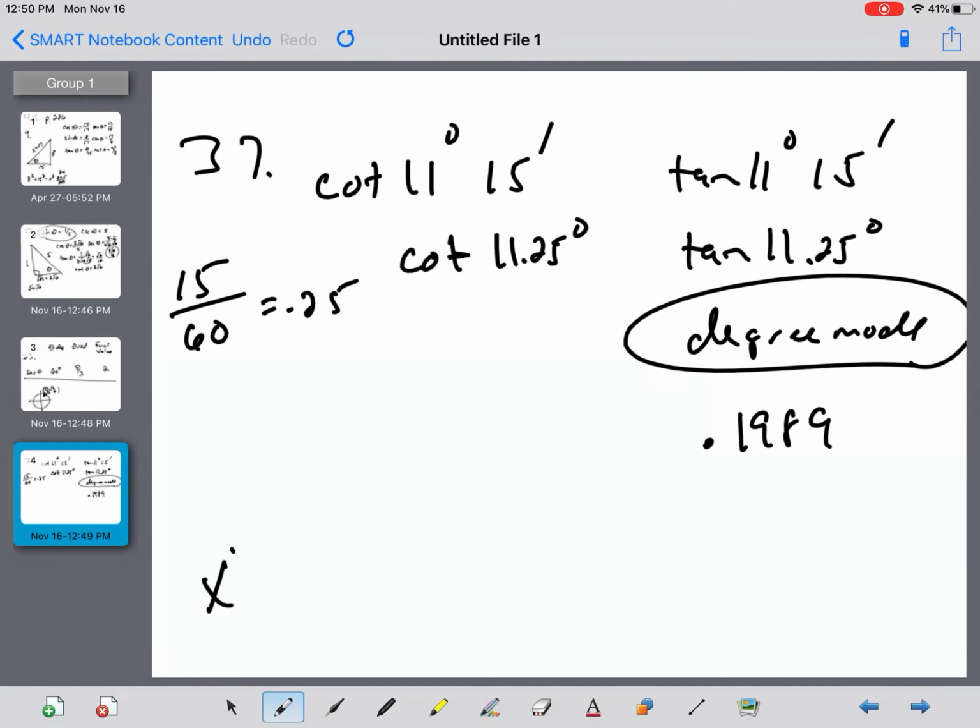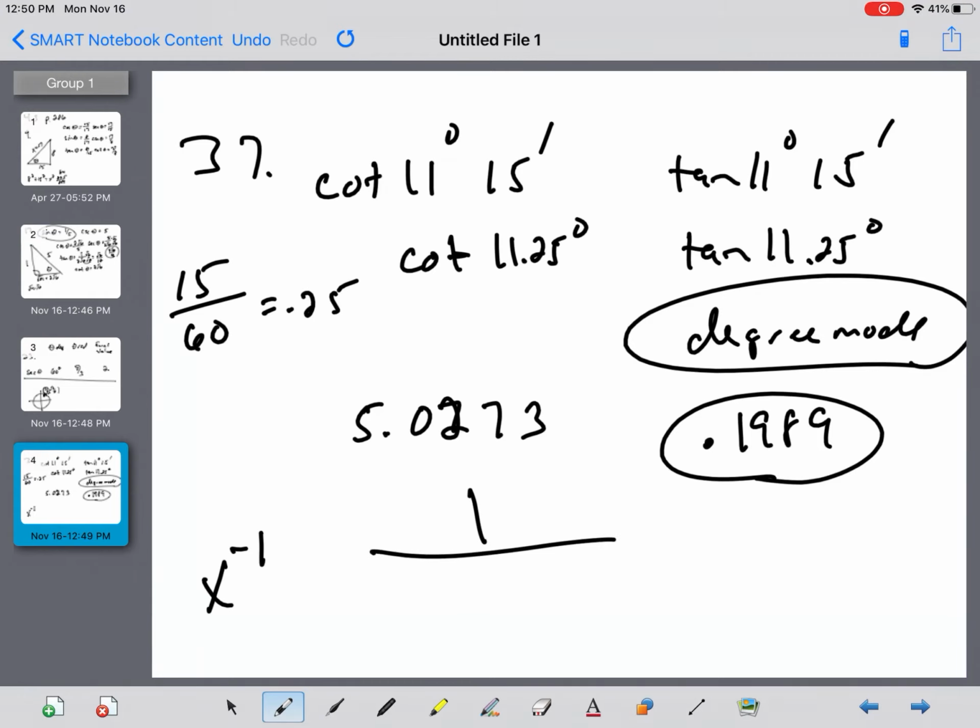So if I hit the x to the -1 button with this in as my answer, I get 5.0273. Now I also could do this. I could start by taking 1 divided by the tangent. So 1 divided by tan 11.25 on the calculator, and you get that same 5.0273. Hopefully that will help you do that problem.